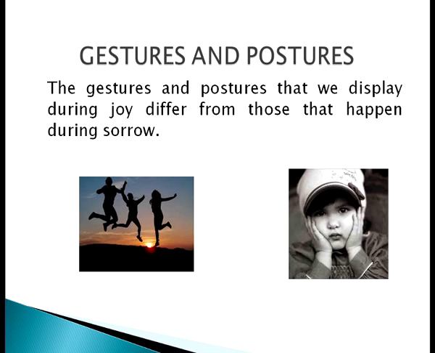The next key component of emotion is your gestures and postures. That is, how do you show different gestures and postures under different emotional states? The gestures and postures that we display during joy differ from those that happen during sorrow. So, these were some of the key forms of expressing our emotions.